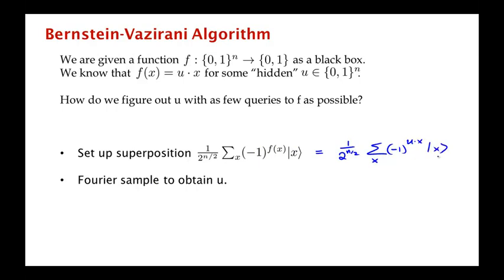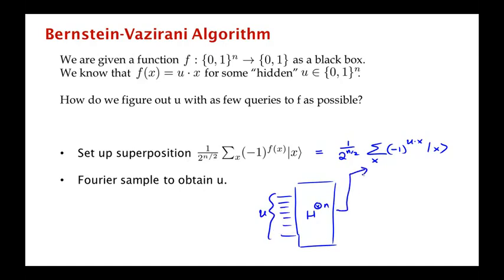Now remember, what is this state? Well, this state is exactly what you get if you do the Hadamard transform on input u. So if that's your input, then this is what your output is. Okay, so what we want to do is run this circuit backwards.